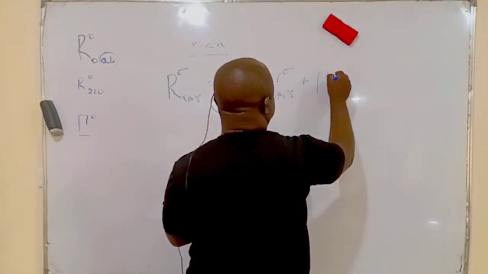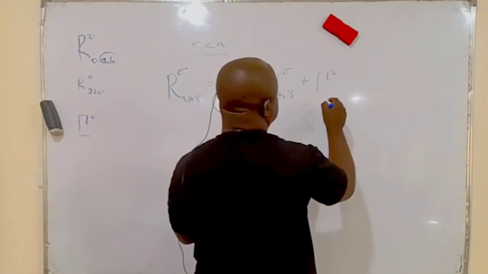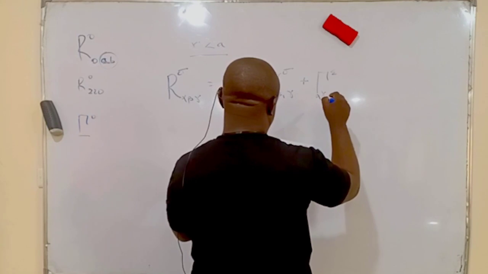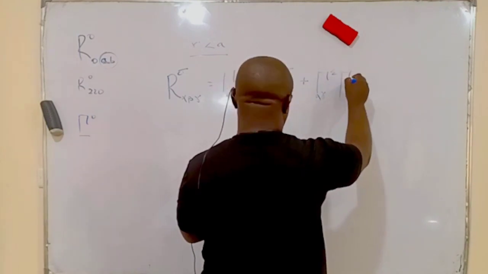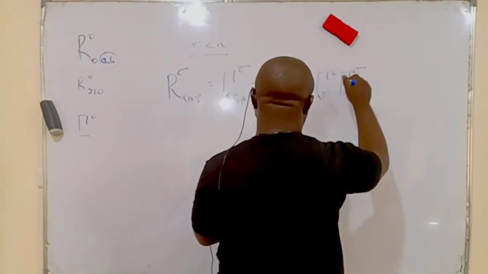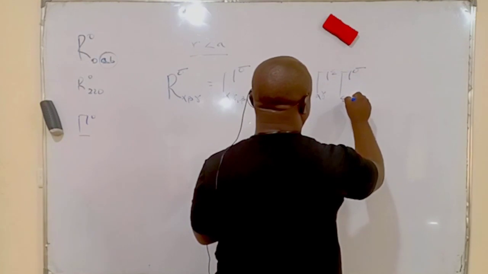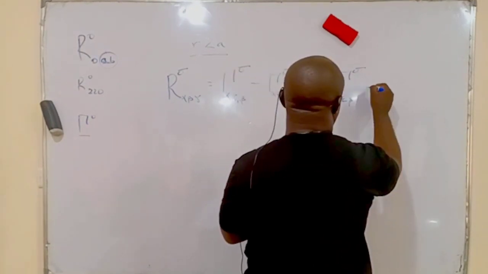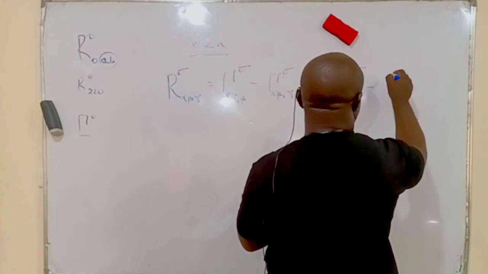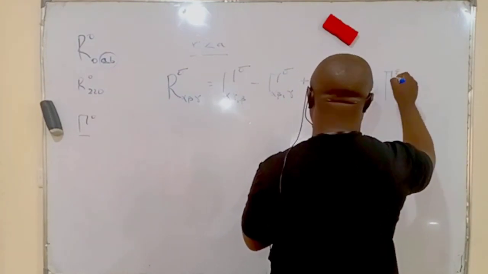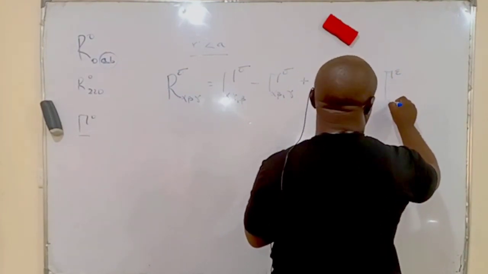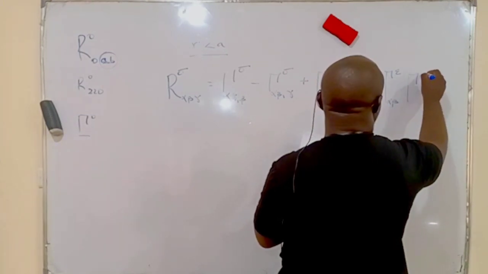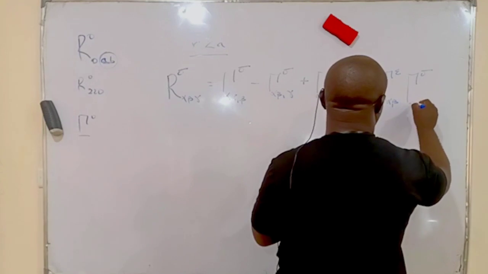introduce another variable epsilon, alpha gamma, then you have sigma epsilon beta, minus, you now have epsilon alpha beta, then you now have sigma epsilon gamma.